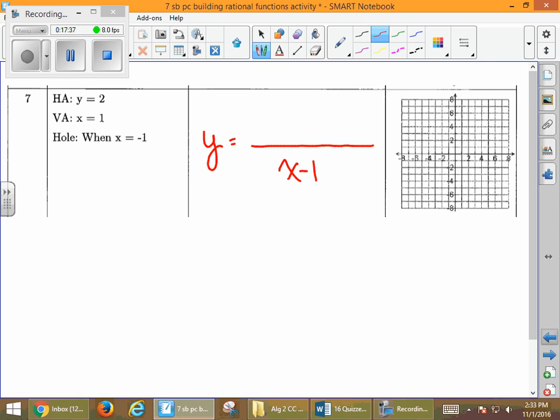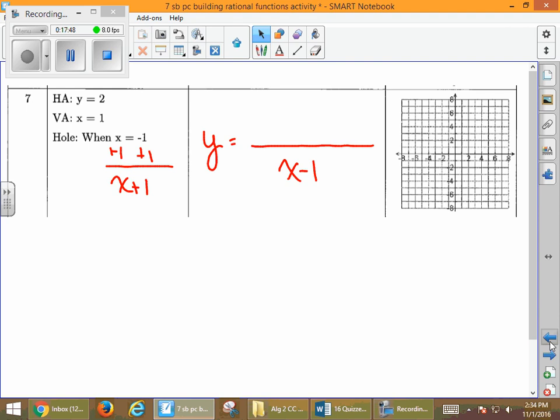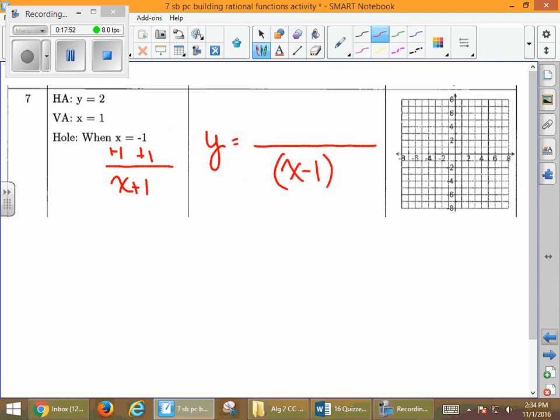But when we look there, the hole, removable discontinuity, we need to deal with that as well. And we can add 1 to both sides to get our x plus 1. So I won't scoop that x minus 1 over. But let's put that value in the denominator.